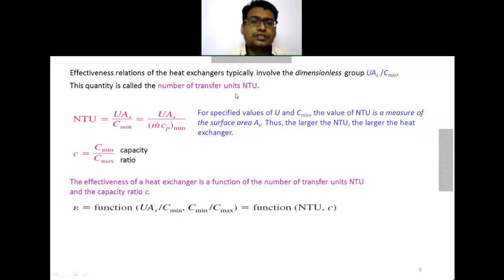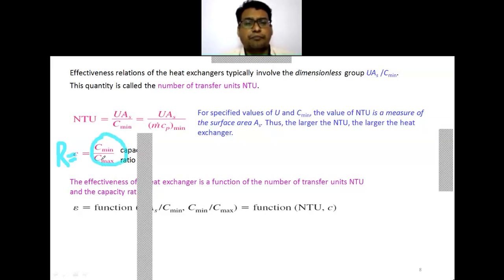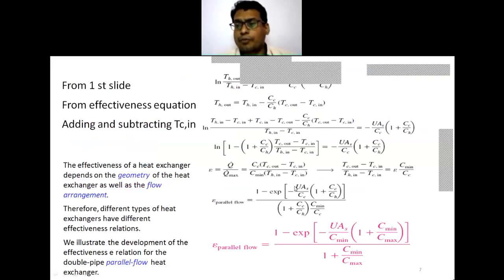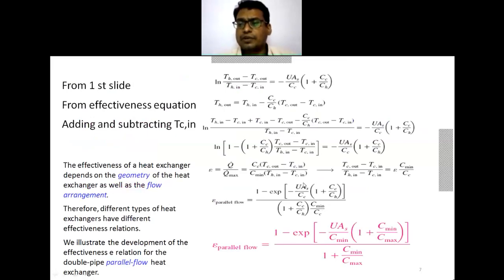In some books it is written as R, or in some books as C. So this is the capacity ratio, the C minimum to the C maximum. And NTU, the number of transfer units, is equal to UA upon C minimum.